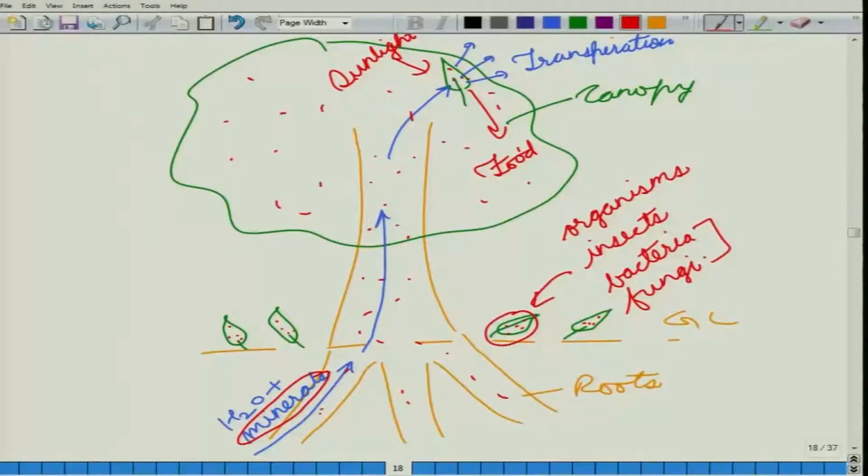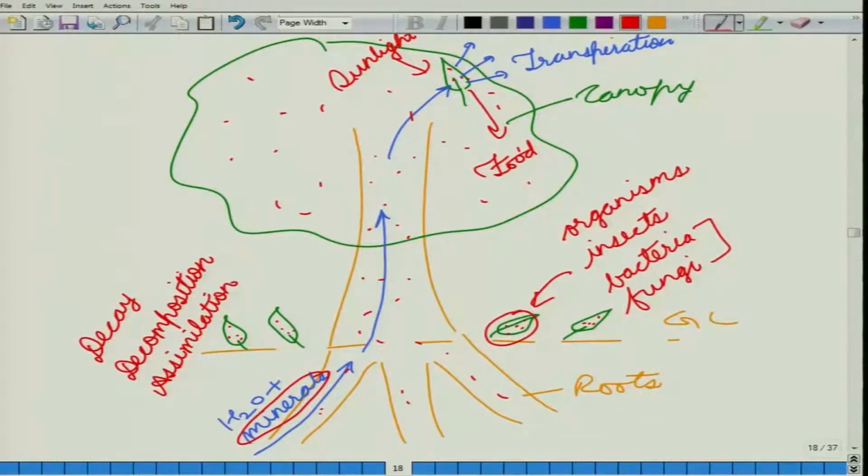Now what would happen to these leaves later on? These would then be defecated out from the bodies of the organisms, or if they are being acted upon by bacteria and fungi, they would directly be decomposed. So a process of decay, decomposition, and a process of assimilation would happen.